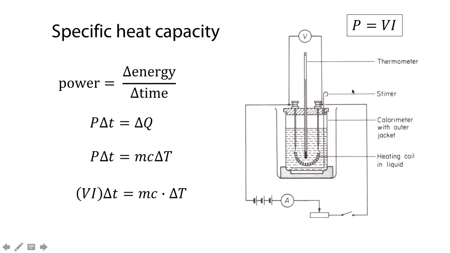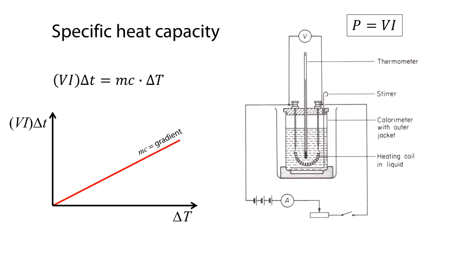Okay, so P, as I said, is equal to VI, so we can place that in the equation as well. Now, this is interesting. I've separated these out into mc and ΔT because ΔT is a variable, whereas m is a constant for this experiment because we're not changing the mass, and c is a constant because it's the specific heat capacity.